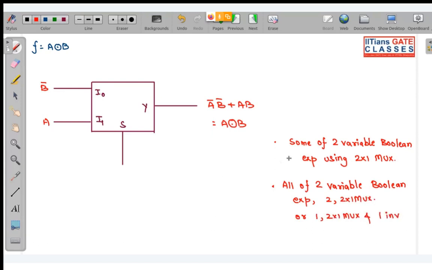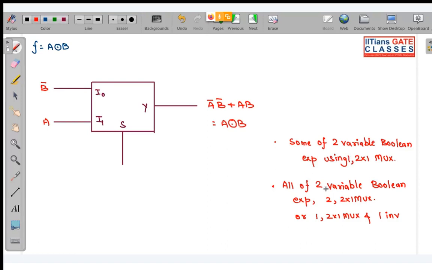Do you agree to these two statements or not? Everyone tell me yes or no. Just now I have shown you that some of the two variable Boolean expressions can be constructed using a single 2 cross 1 mux.